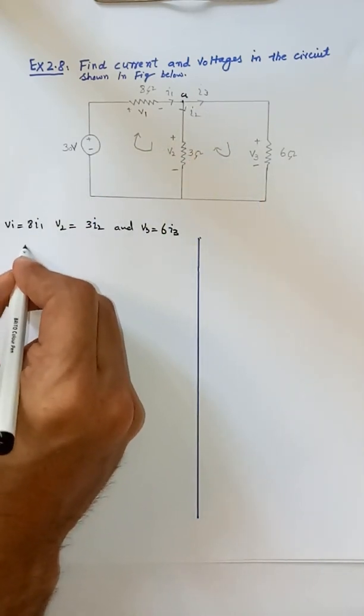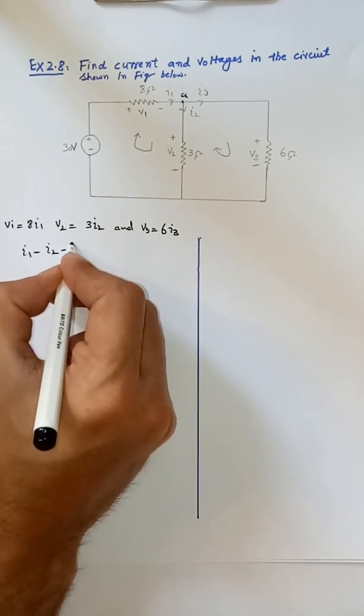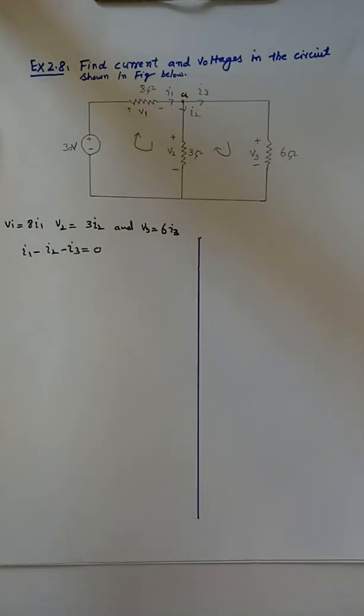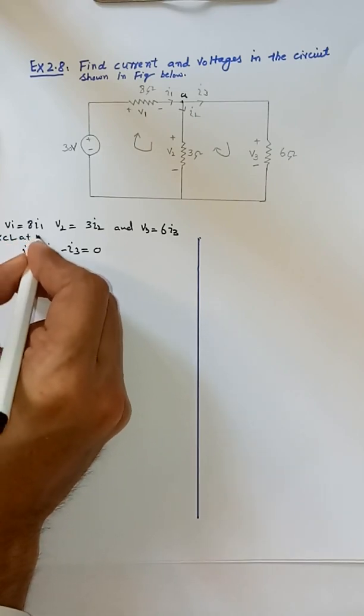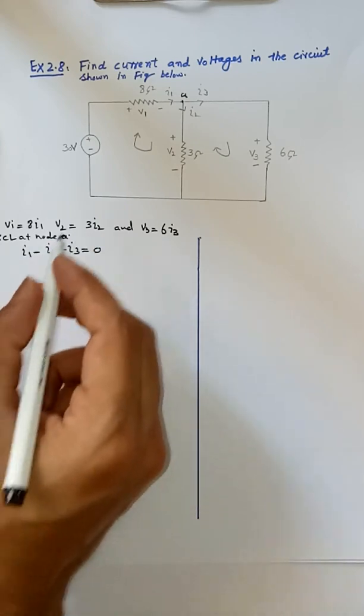So I1 minus I2 minus I3 equals 0. We are basically applying KCL at node A, and you can get this.